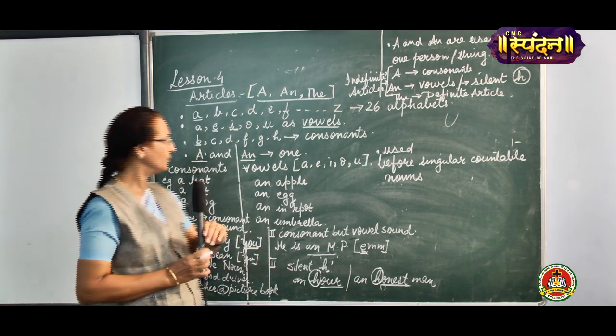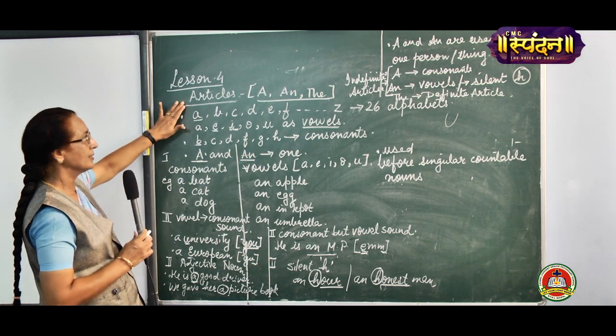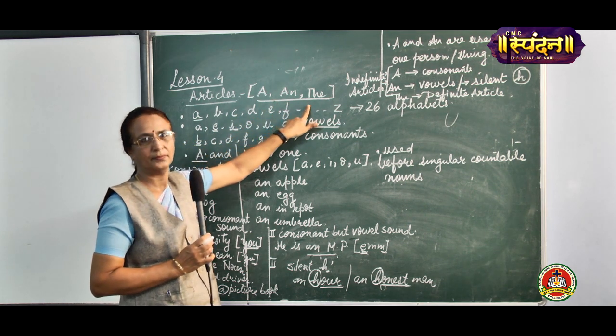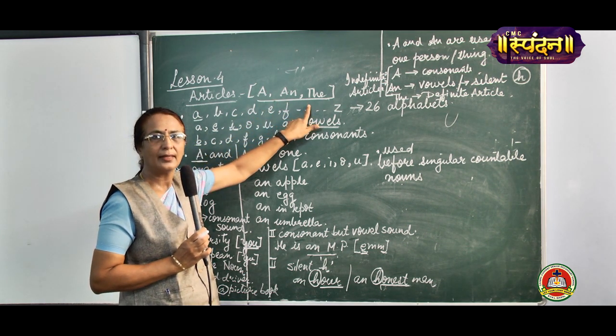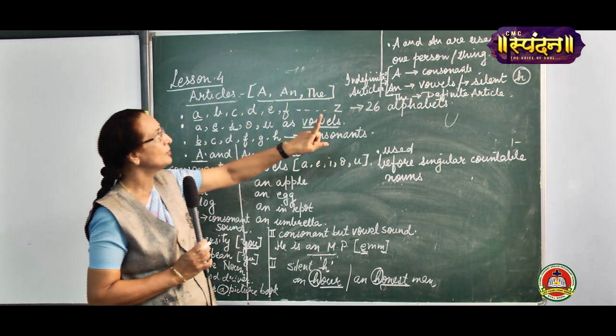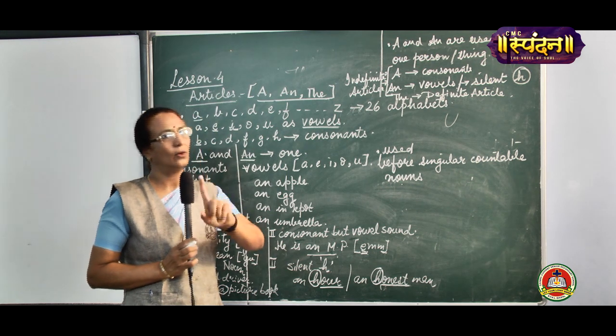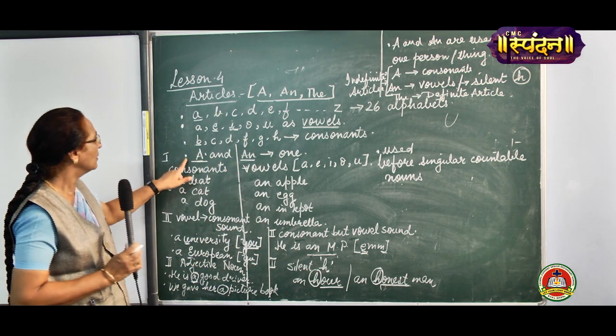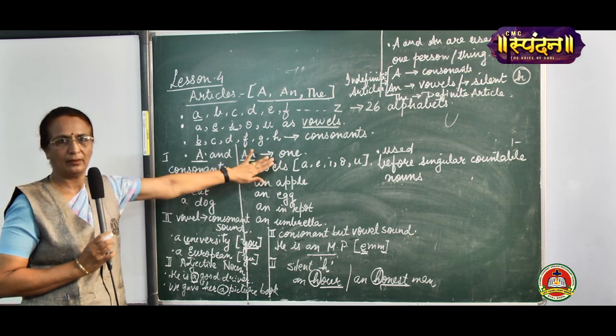Now quickly, children, we will revise this. Articles are a, an, and the. Now, a and an are used before one person or one thing. Is that clear, children? A and an means one.